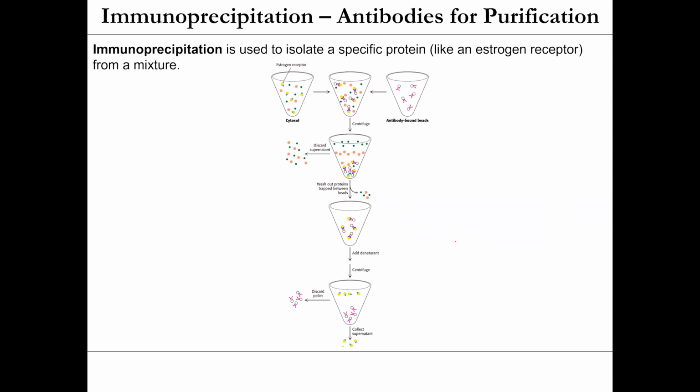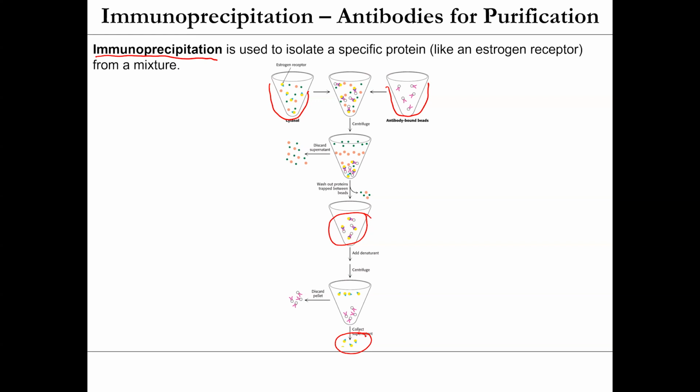So you can use this to do a technique called immunoprecipitation, where you take your homogenate mixture, add your antibody to it, and then isolate that antibody that's bound to that protein. And then you can later release that protein from it. So immunoprecipitation is a really good way to isolate your specific protein. You can use this for protein purification methods, but also just if you want to look at your protein of interest, this is a really good way to do it.